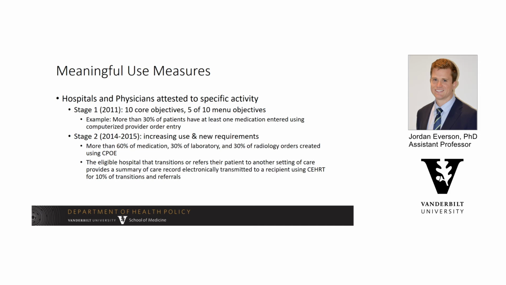So here the CPOE requirement becomes more than 60% of medications, 30% of laboratory, and 30% of radiology orders are created using CPOE. So a substantial increase in those thresholds. And then there was a new requirement that 10% of patient transitions be accompanied by an electronic summary of care record. So here really about the interoperability and exchange of information.